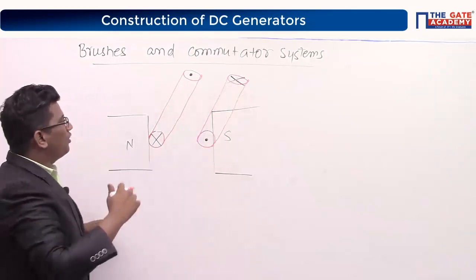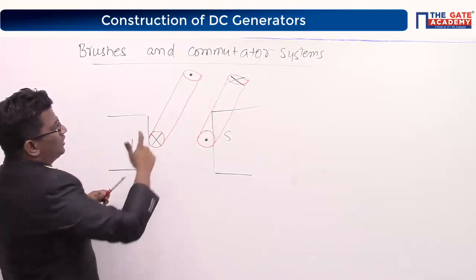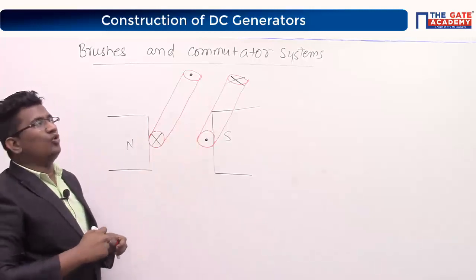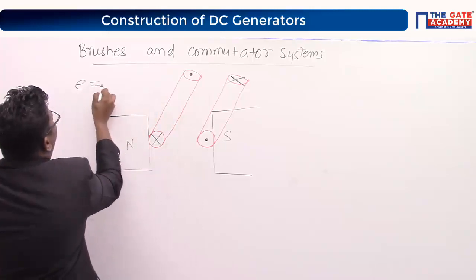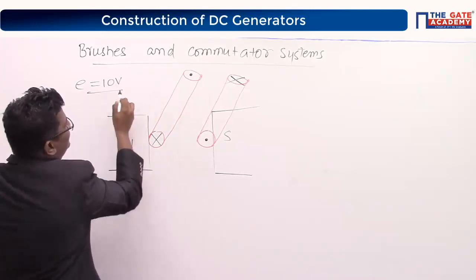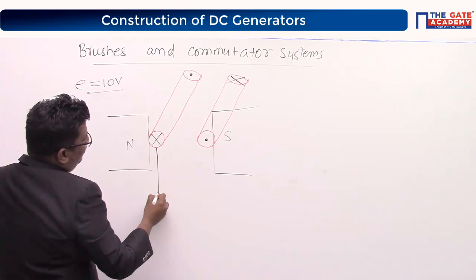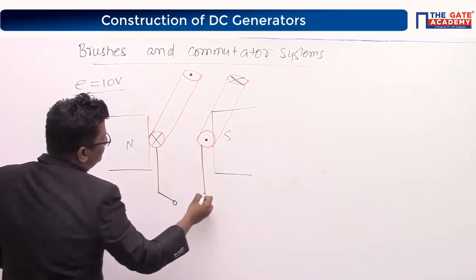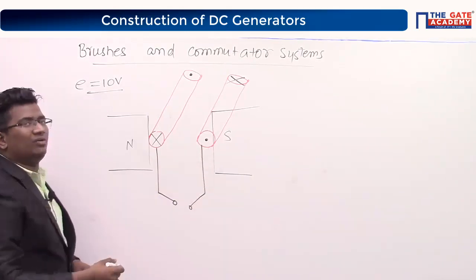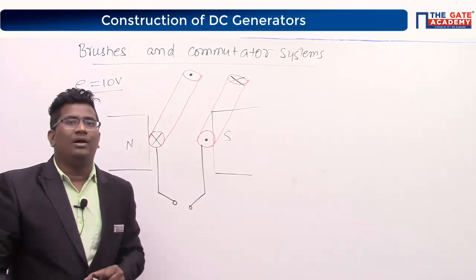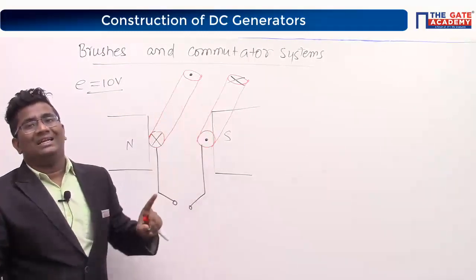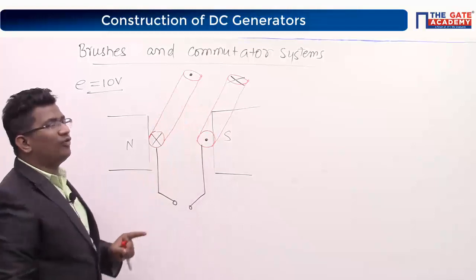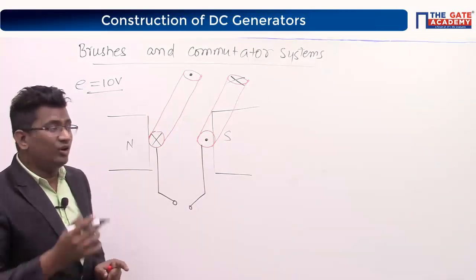Yes. Suppose these are two conductors, and each conductor is producing, let us say, 10 volts. Then what is the total voltage available here? 20 volts.